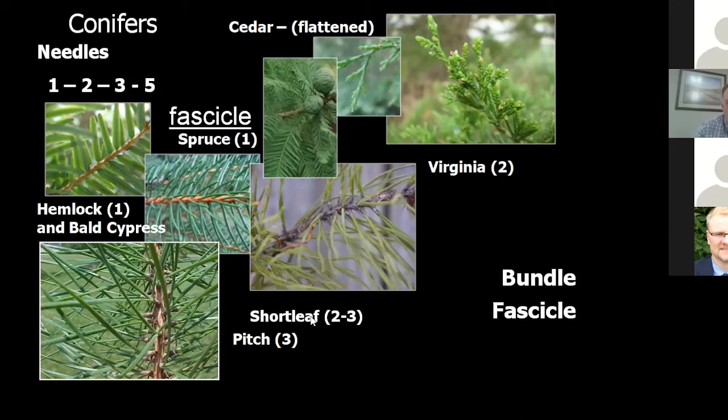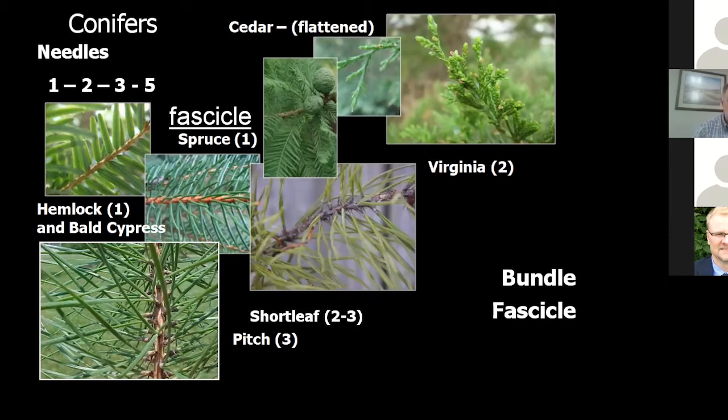But on any single stem, you will find groups, or fascicles, that have either 2 needles in the bundle or 3 needles in the bundle. This is a very good test question for professors at the university level when they're identifying trees.